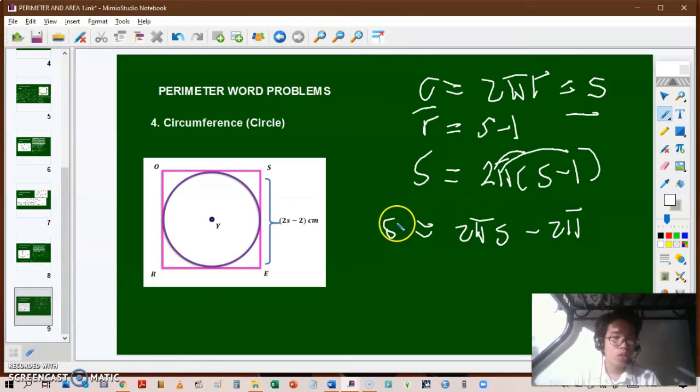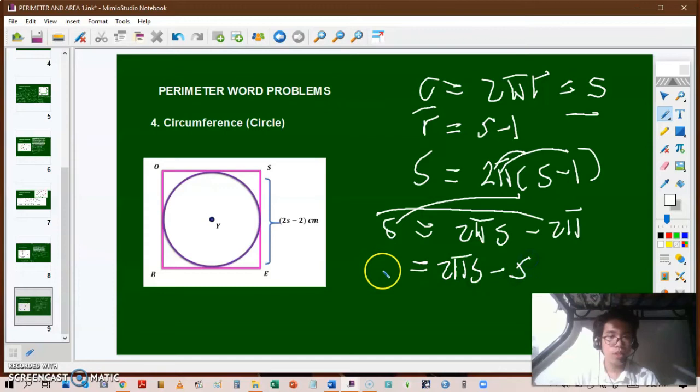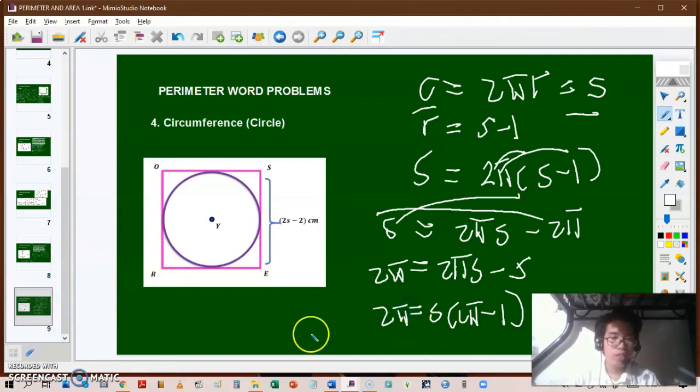Then we just have to transfer s here and transfer negative 2 pi to the other side so that we can factor. So that's going to be 2 pi s minus s is equal to 2 pi. And then factoring out s, we get s times 2 pi minus 1 is equal to 2 pi. And therefore, we can now get the value of s, and that's also the circumference.